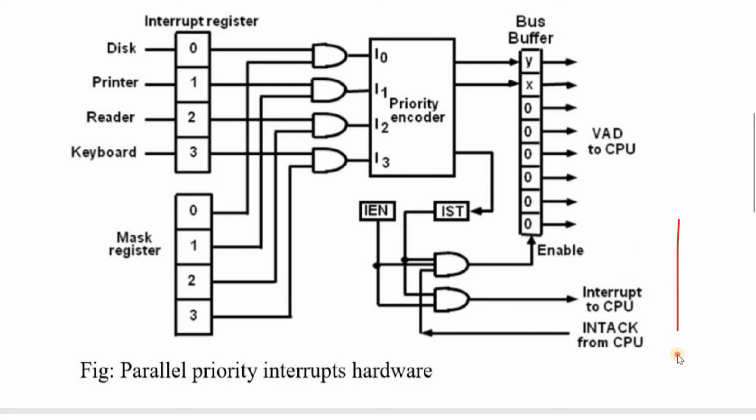First, assume this is the CPU. Coming to the operation in the first case, we use this parallel priority interrupt. Suppose the disk is requesting some service.